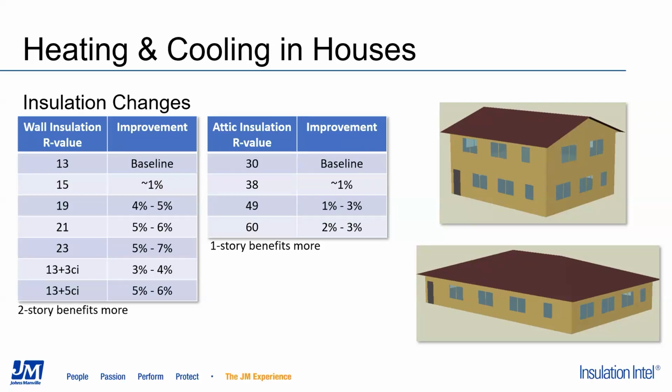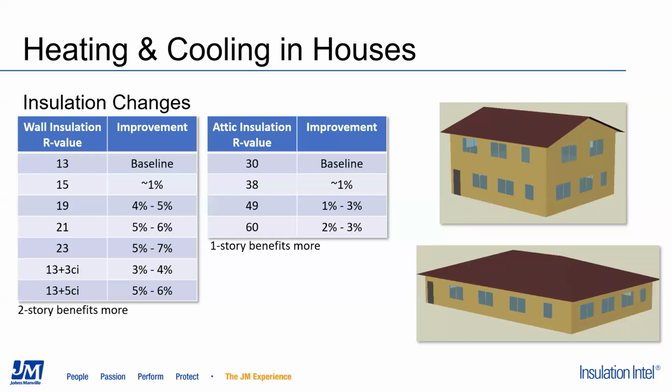The other piece that really can help boost energy performance of a house is these bottom 2 rows on the walls table. This +3, +5 CI means we're adding foam sheathing to the outside of these walls. So again, keeping it as a 2x4 framed wall, but adding just R3 foam sheathing, that's only half an inch of foam sheathing, or R5 is just 3/4 of an inch.